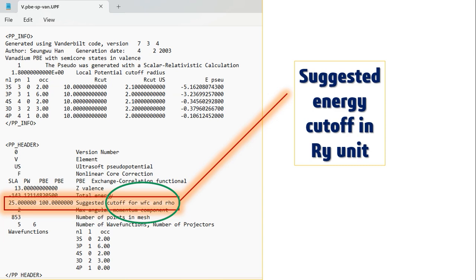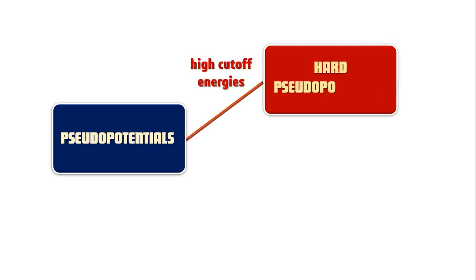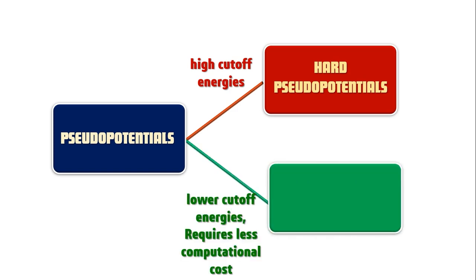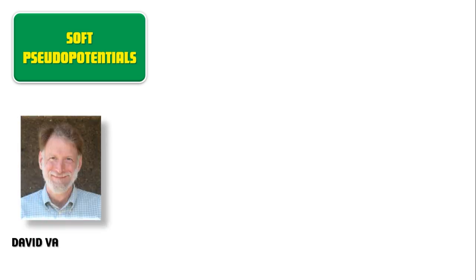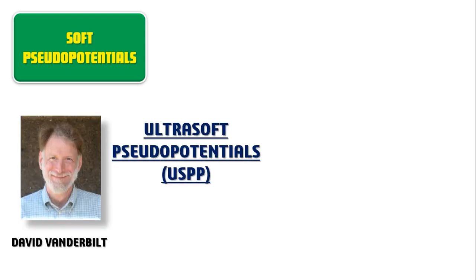Now, pseudopotentials requiring high cutoff energies are said to be hard pseudopotentials, while more computationally efficient pseudopotentials with lower cutoff energies are called soft pseudopotentials. The most widely used method of defining pseudopotentials is based on the work by Vanderbilt. These are called the ultrasoft pseudopotentials or USPPs.